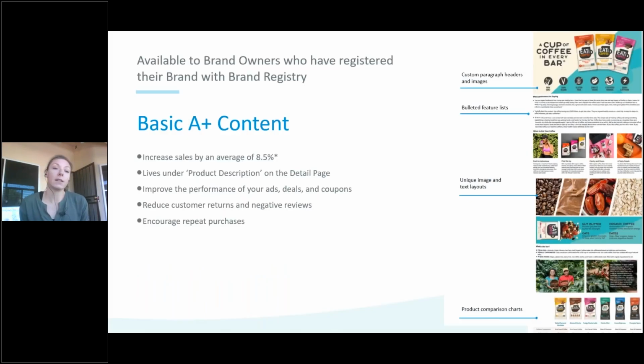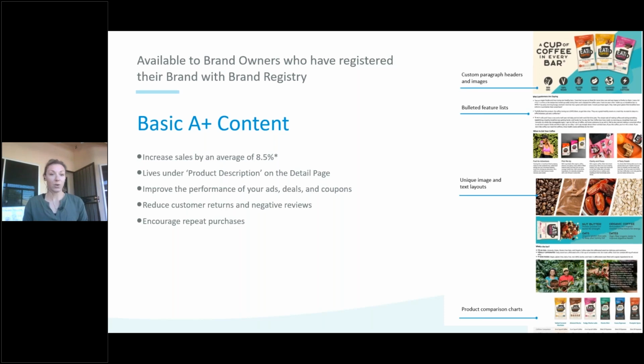All right, so our basic A+ content is available to brand owners on Seller Central who are registered through Brand Registry. You can find it in the navigation on Seller Central under advertising. It is for your product to engage customers about your product, give them more information, and vary it up between what you've got in your A+ content and what you've got in your bullet points up on the detail page.